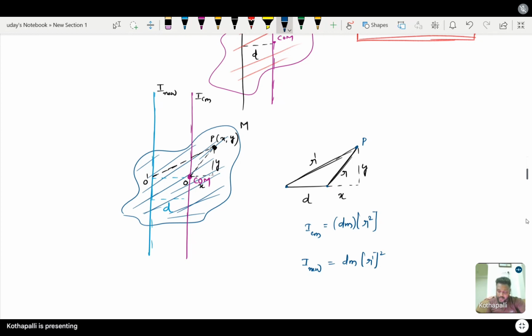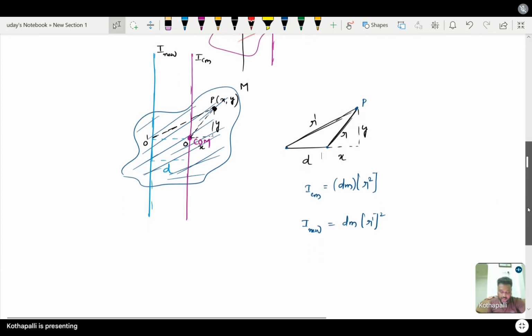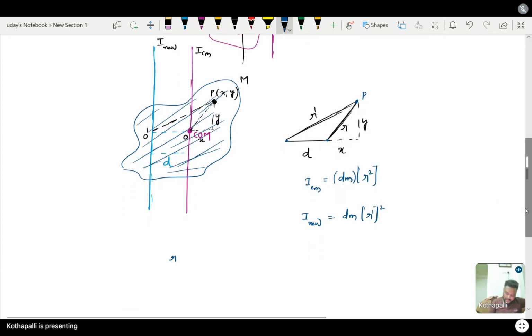Okay. Now let us see the relation between r dash and r. We can write r dash square, observe clearly. This one r dash square is nothing but this plus this. I mean this square plus this square, which is d plus x whole square plus y square, isn't it? Expand it: d square plus x square plus 2 into d into x plus y square.